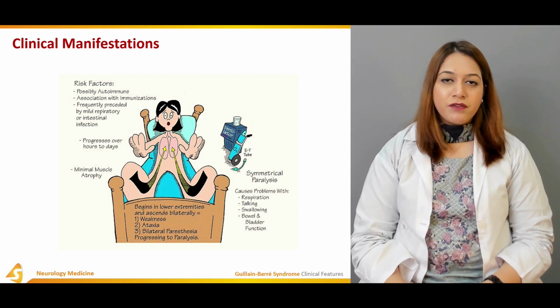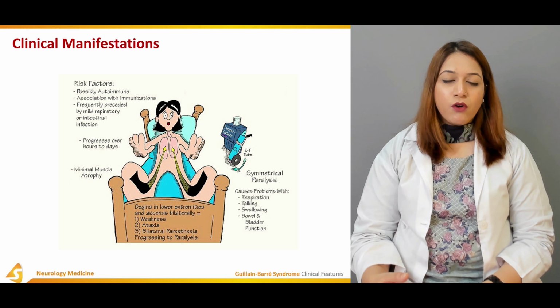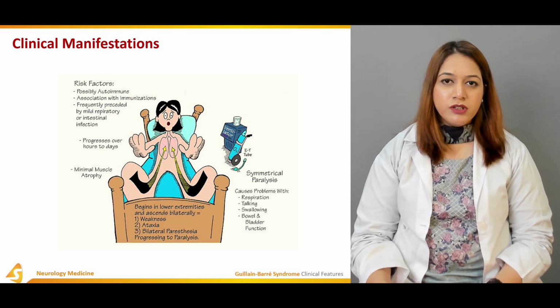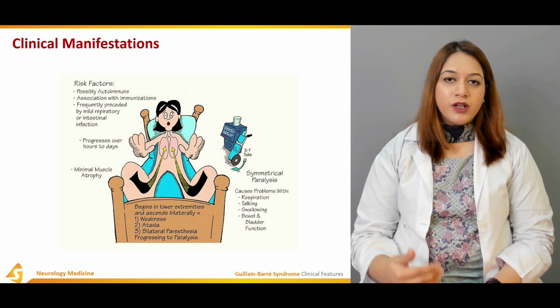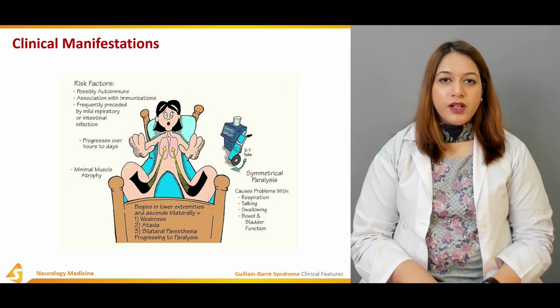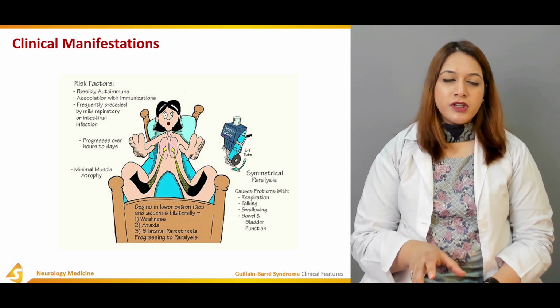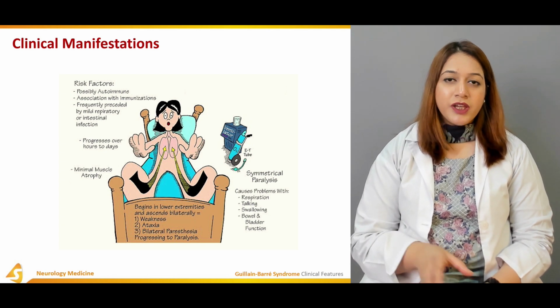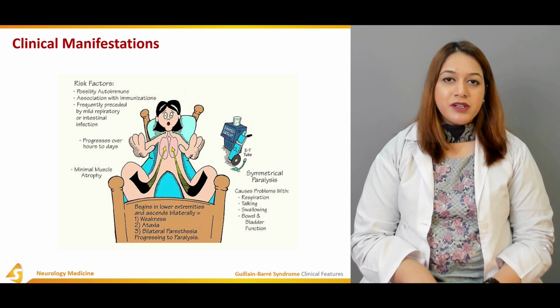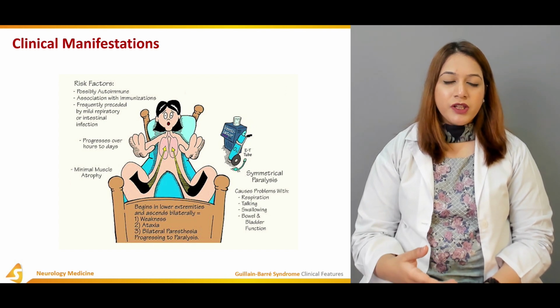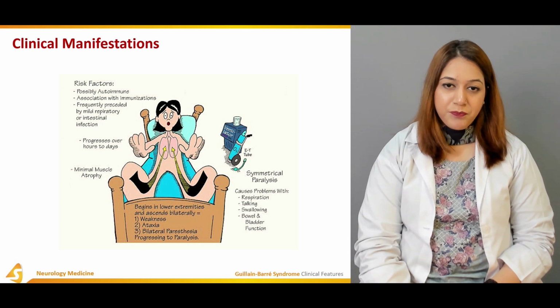The patient might have difficulty swallowing, or they may be experiencing bowel and bladder dysfunction, which can lead to incontinence. And if the patient is suffering from acute illness, they might experience respiratory problems. They have difficulty breathing, so we have to give them ventilatory assistance.